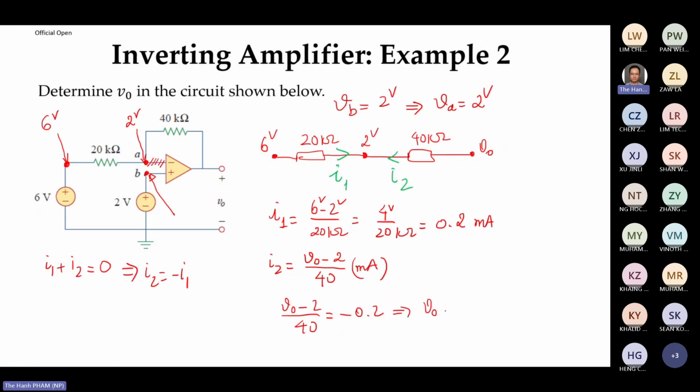So you have Vo minus 2 is minus 8. Correct? Yeah, minus 8. So your Vo is minus 8 plus 2, which is minus 6.